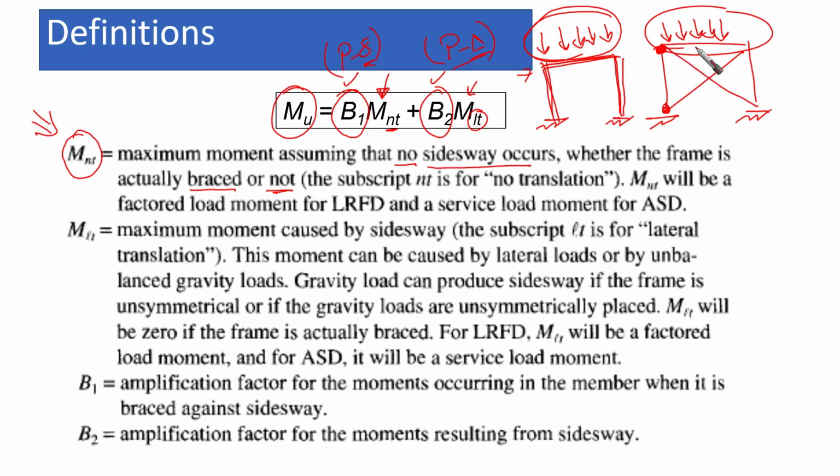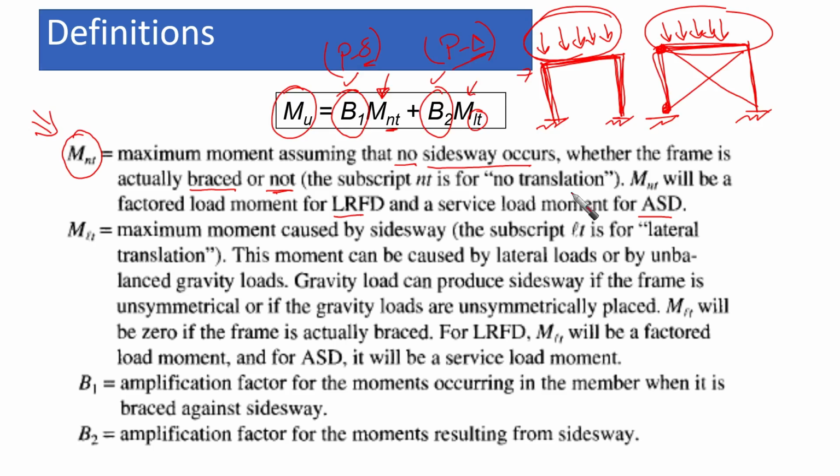So whether we are having a braced frame or an unbraced frame, that's the meaning of NT. No translational means that MNT will be the factored load moment for LRFD and the service load moment for ASD, as we know.